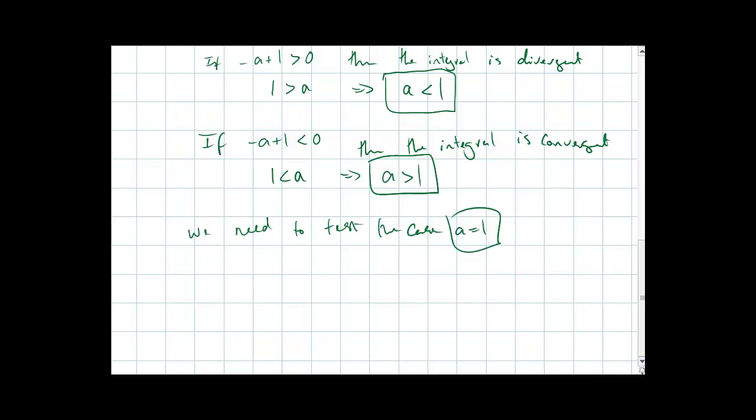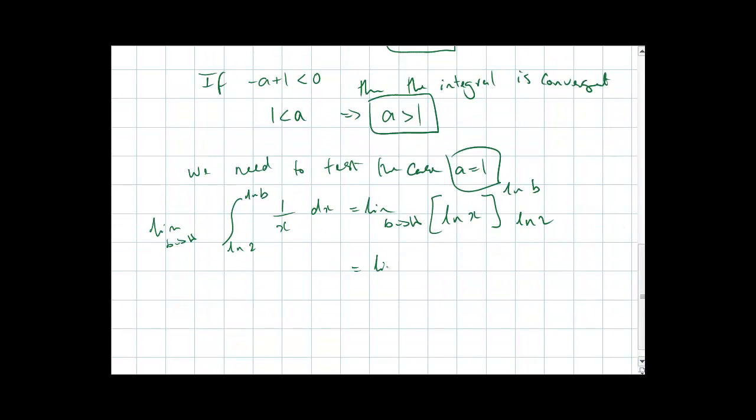It's a whole different integral that we have to deal with, because we're now dealing with the integral between the ln of b and the ln of 2, and the limit as b approaches infinity, and we now have here just 1 over x dx, which of course leads us to the limit as b approaches infinity of the ln of x evaluated between the ln of b and the ln of 2, which would give us the limit as b approaches infinity of the ln of ln b minus the ln of ln 2.